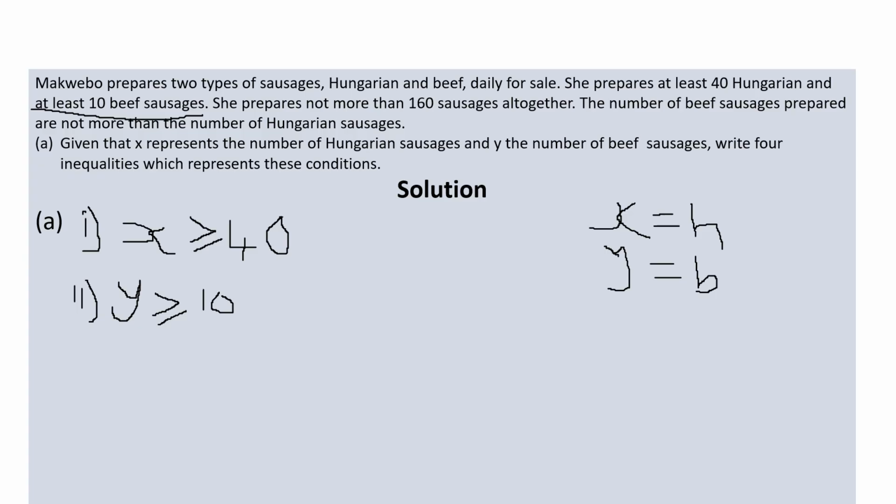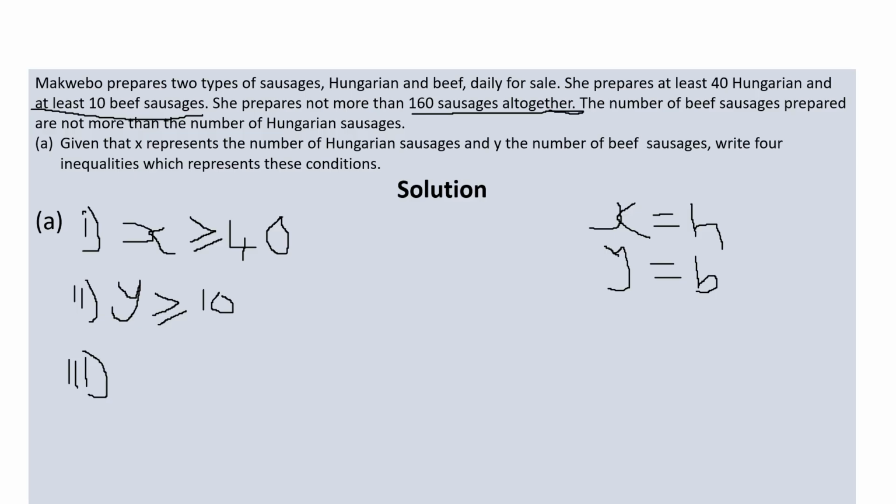Then we move on to the third inequality. We are getting it from where they are saying she prepares not more than 160 sausages altogether.